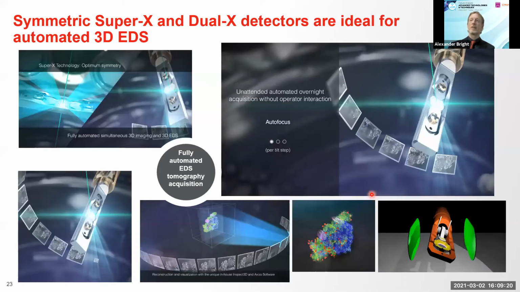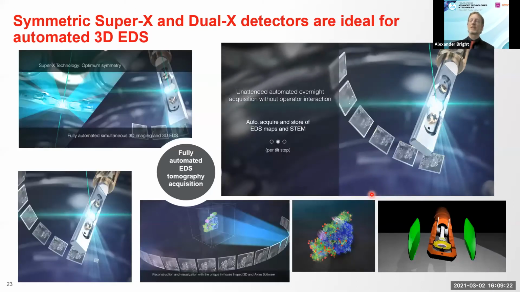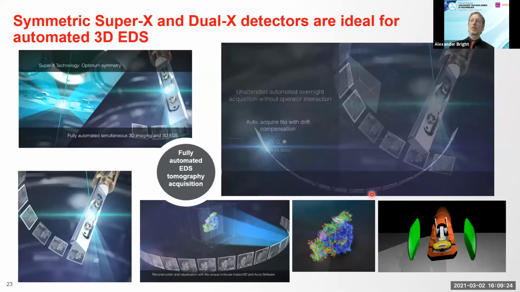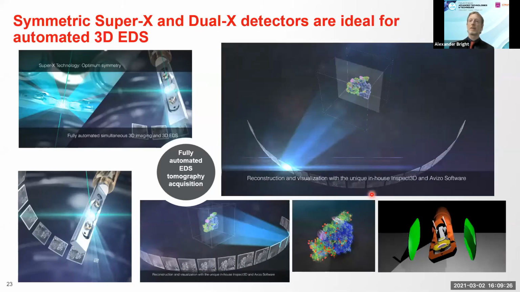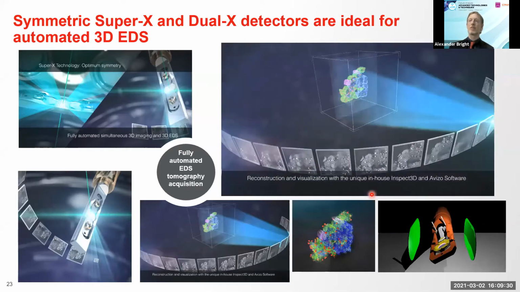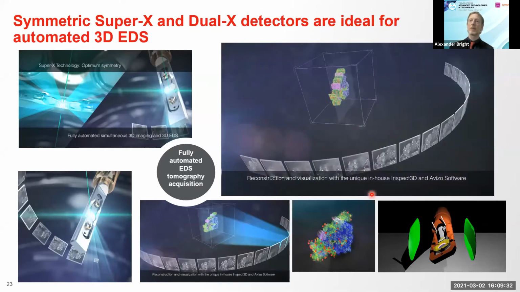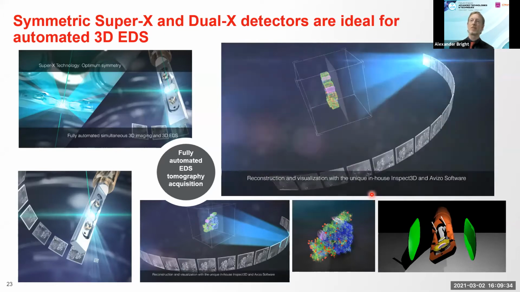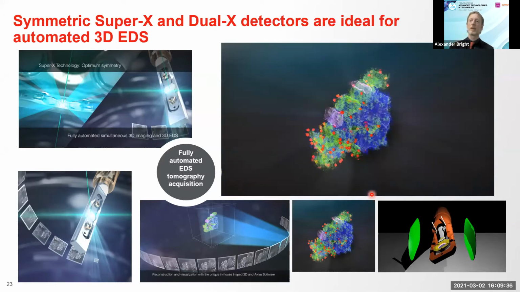So 3D information in TEM and STEM is acquired by using tomography, which means we take a series of images or maps at different tilt angles, usually from like -70 to +70 degrees. So we really tilt the sample a lot. And if we have a symmetric and high sensitivity EDS detector, we can do the same thing with EDS.